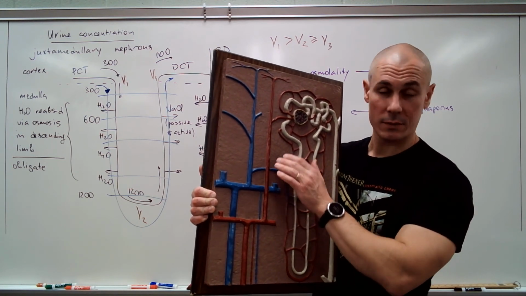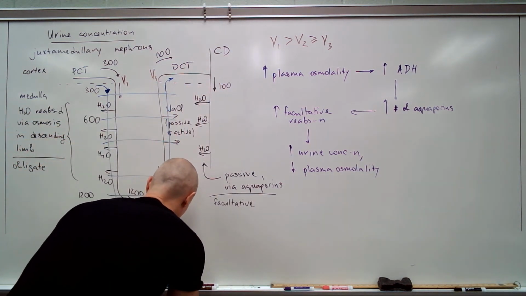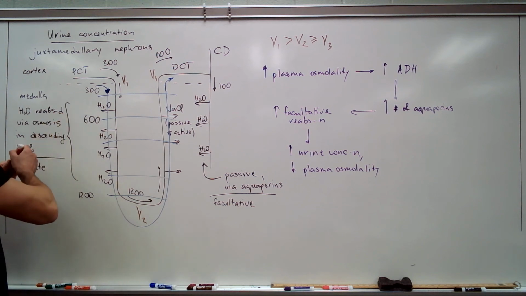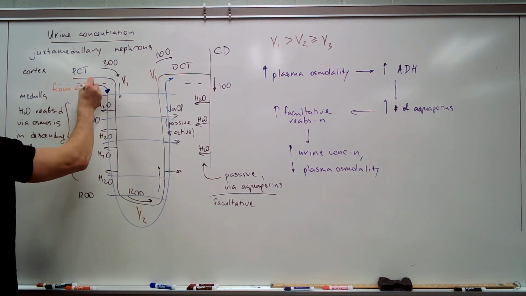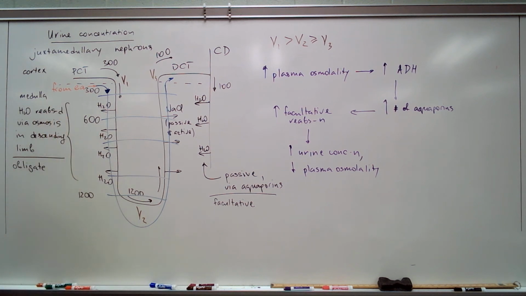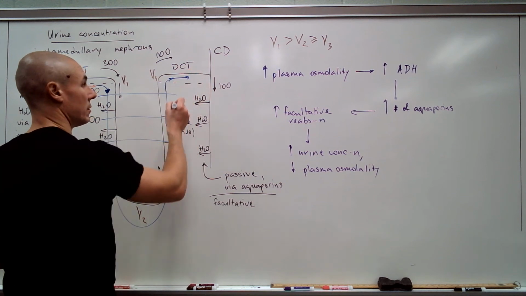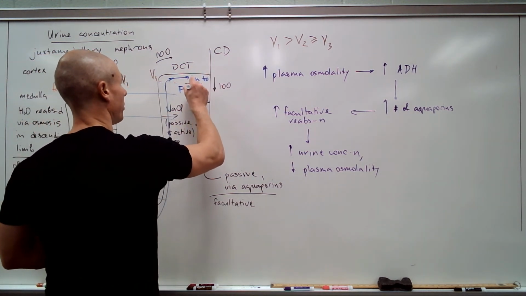That make sense? So this is kind of interesting. The blood goes into the vasa recta from the efferent arteriole here, and blood leaves the vasa recta into the postcapillary venule.